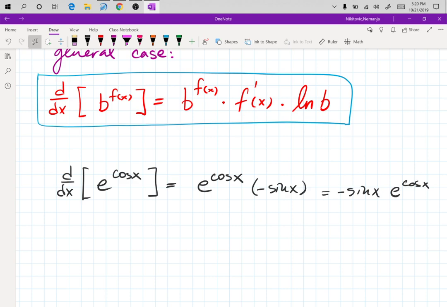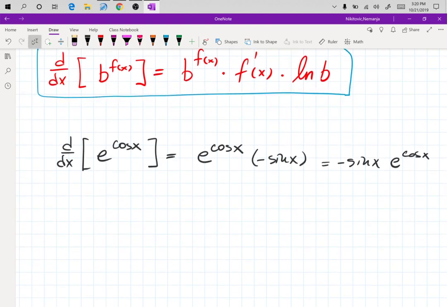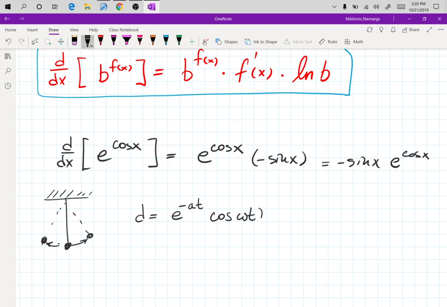And then to give some application to this, if you remember the pendulum we talked about at one point, which will swing left and right, we said that we're going to call the distance d equal to e to the negative a t, and then let's say cosine omega t, where omega is the angular velocity, which is how fast it's swinging side to side.